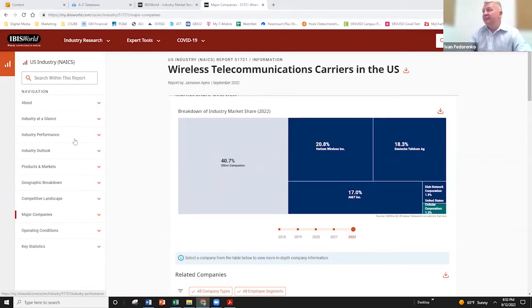From the IBISWorld database, for any industry you study, you look at Industry at a Glance and the major companies' competitive landscape. It gives you some ideas about what's happening to this industry, where it's moving.